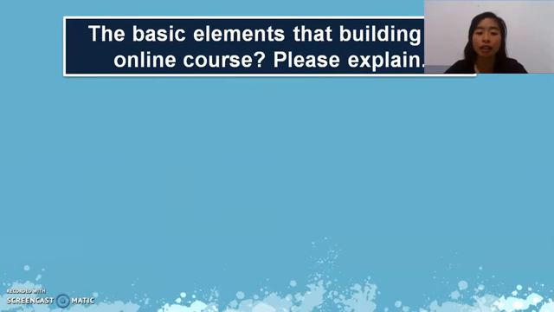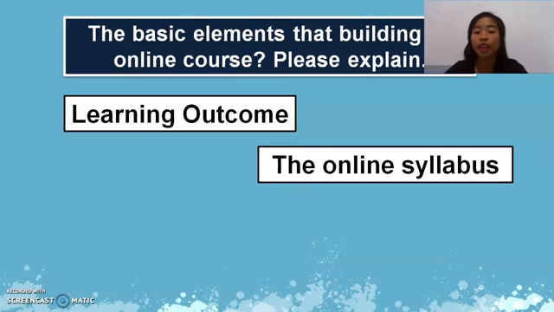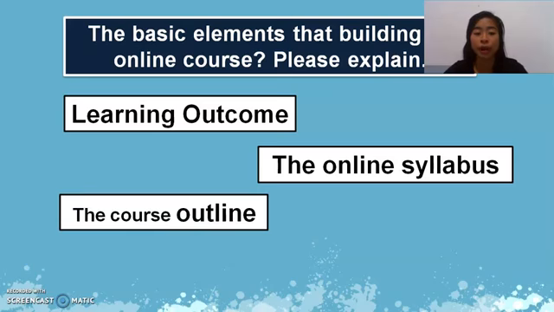Then, next question. The basic elements in building an online course. Please explain. The first one is learning outcome. Learning outcome is the core of the process that the students need to achieve. Number two, the online syllabus, which contains several things such as the name of the course, the title, the description, the objectives, and so on.